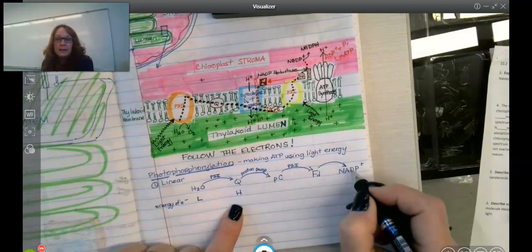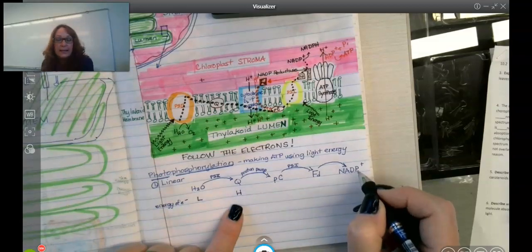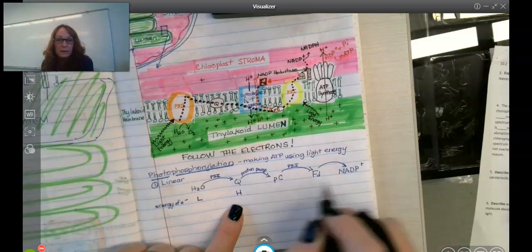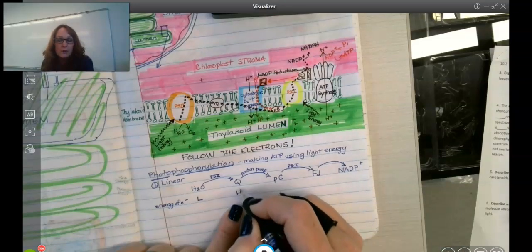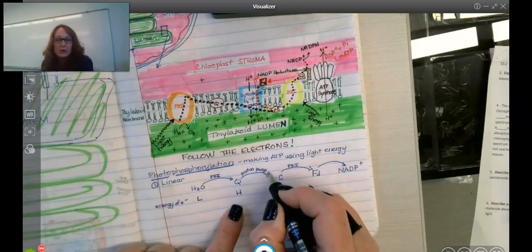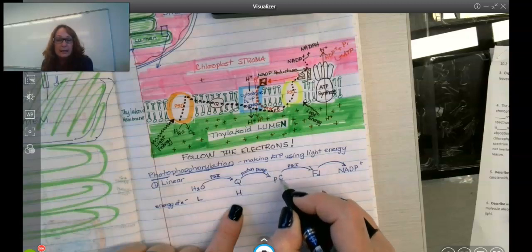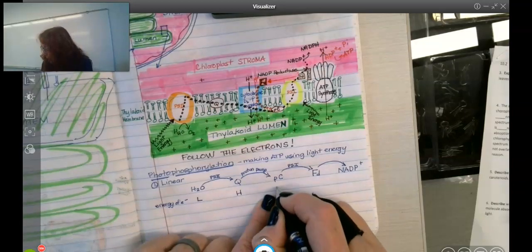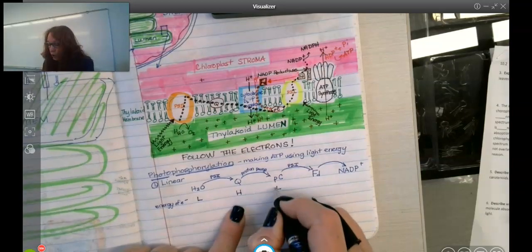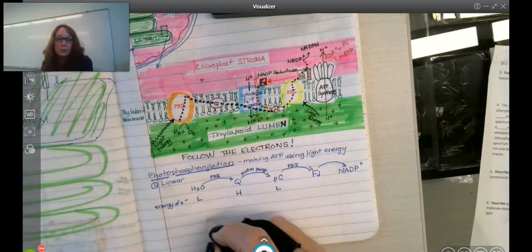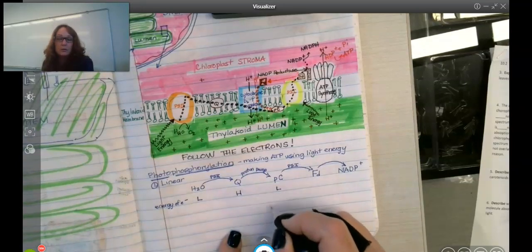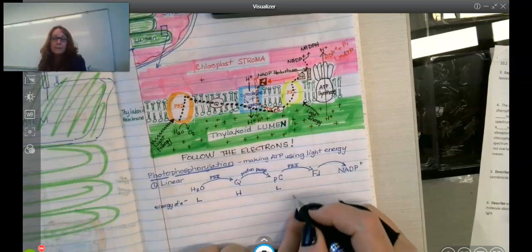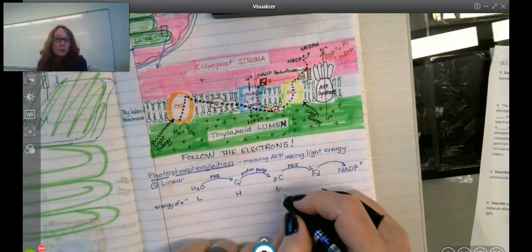And instead of just handing them off to NADP and being done with it, we're going to use the energy in those electrons. We're going to passage them down to C. C's going to hold them tighter than Q, and so that's going to drop the energy. And we use this drop in energy, which we're going to draw over here, to run the electron transport chain.